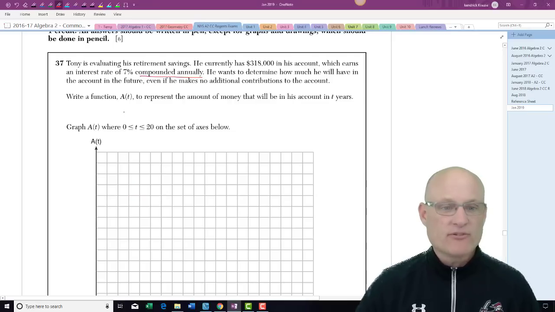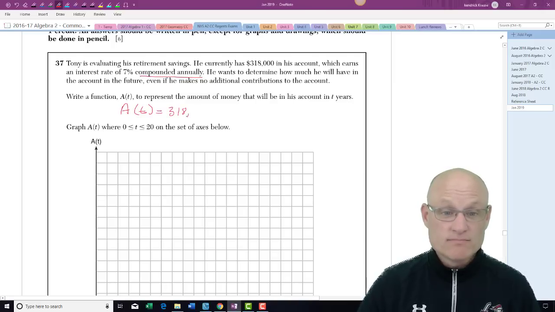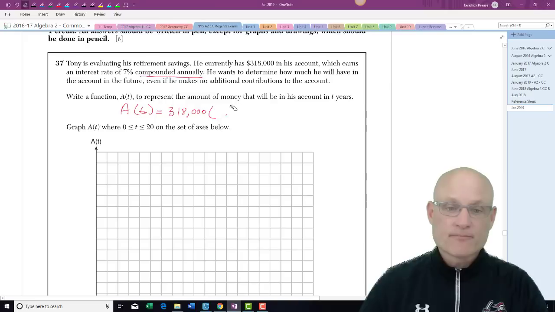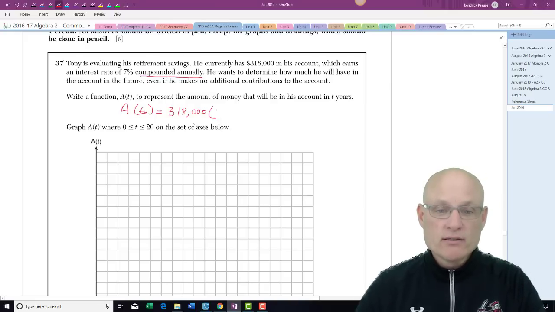All right, that's kind of nice. So we're going to start with A of t. Now, compounded annually is pretty simple. Start with 318,000, 1.07. Excuse me, not that. 1 plus 0.07.